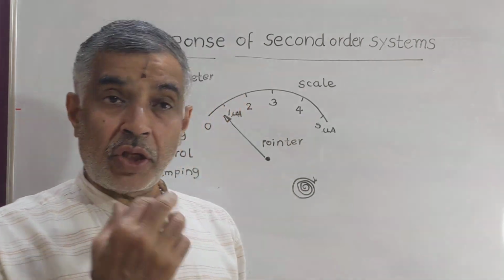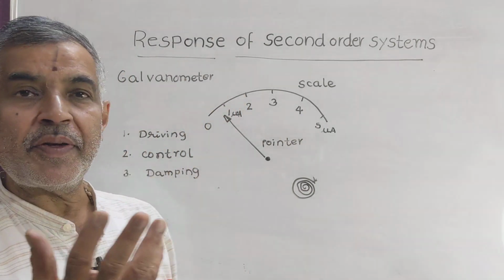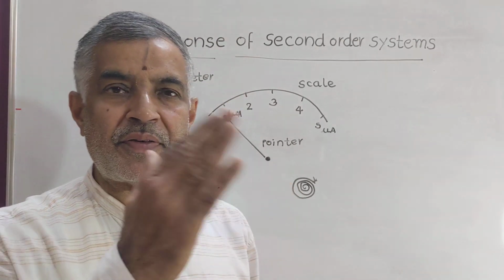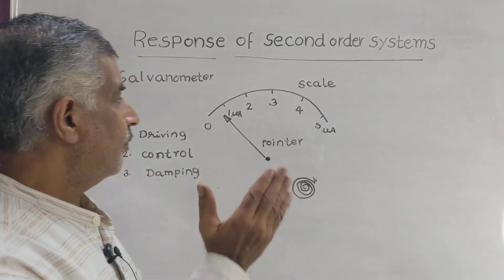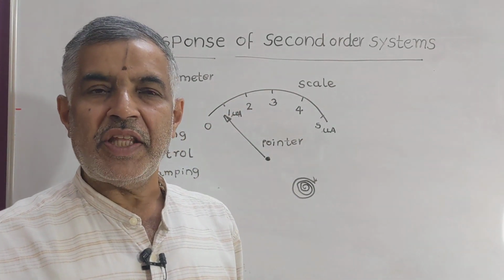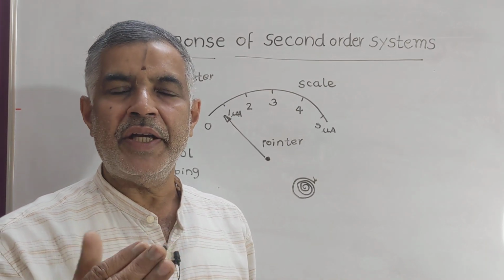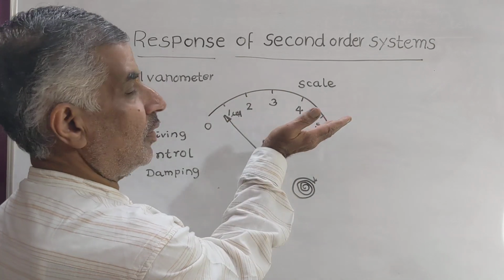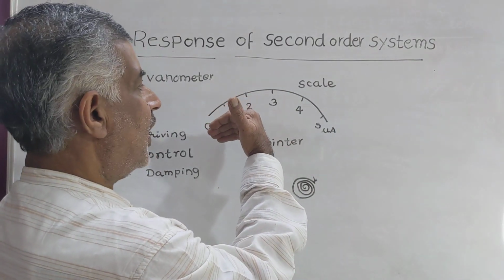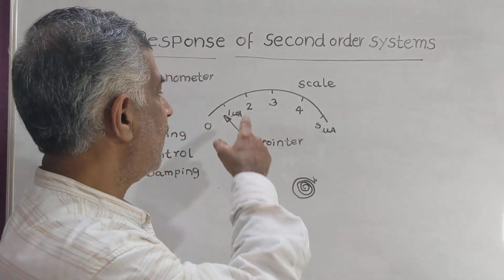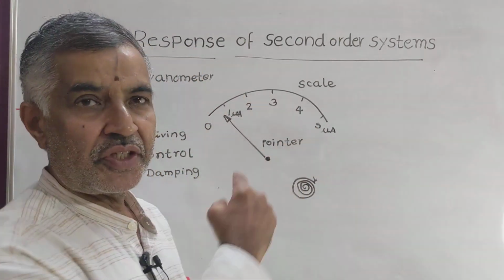So the third type of force is responsible. What happens if only the first two forces are acting on the system? The pointer will oscillate about the mean position with a reducing amplitude, and it takes time to settle. So it crosses one mark, then comes back, then again crosses. So it keeps on oscillating before coming to rest at any of these positions.